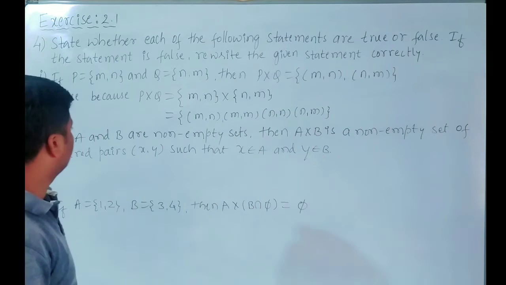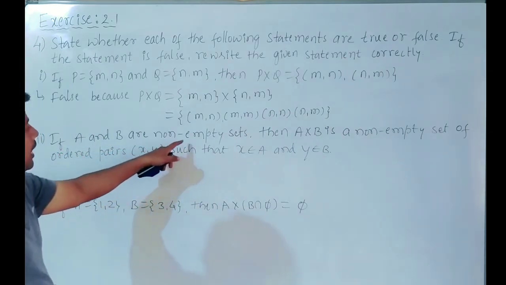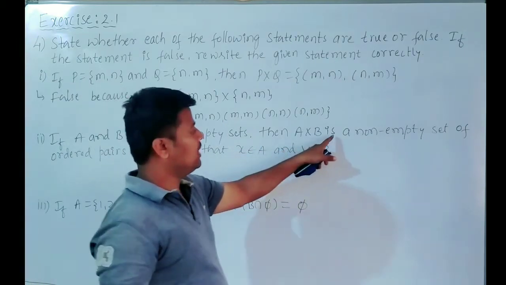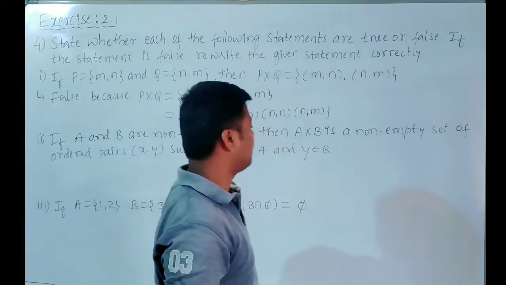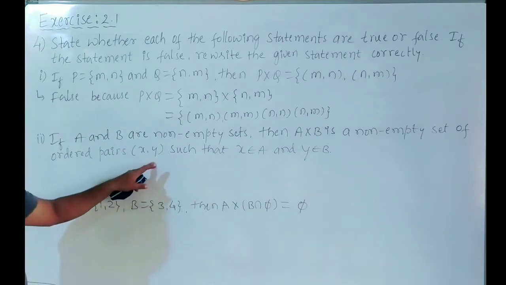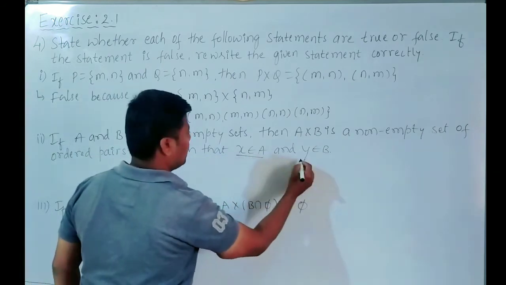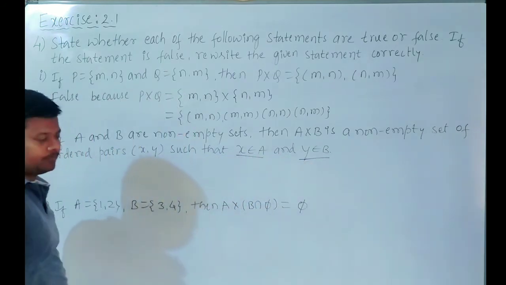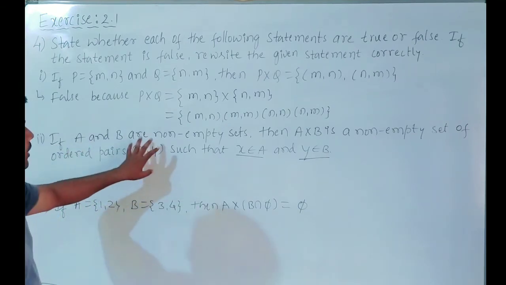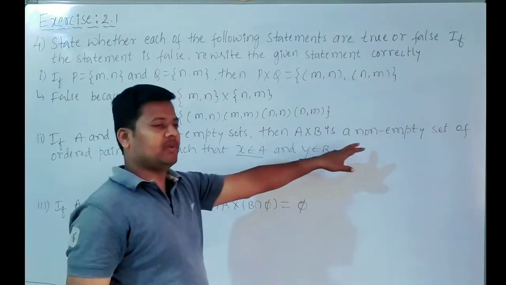So this is false. Next, if A and B are non-empty sets, then A cross B is a non-empty set of ordered pairs (x, y) such that x belongs to A and y belongs to B. Yes, already they have given that if A and B are non-empty sets, then A cross B is a non-empty set.